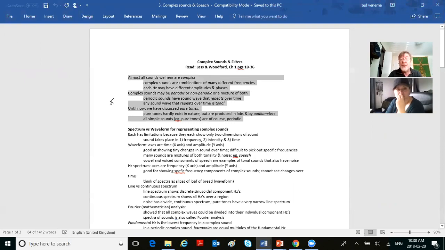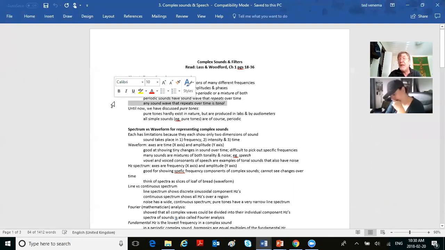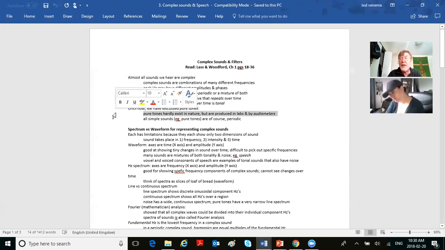Periodic sounds have a sound wave that repeats over time. Any sound wave that repeats over time is tonal. Up until now we've discussed tones, but pure tones hardly exist in nature. The only time you hear pure tones is in a hearing test, under headphones, in a sound booth. Walk out of the booth into regular everyday life, and you're smitten with complex sounds.